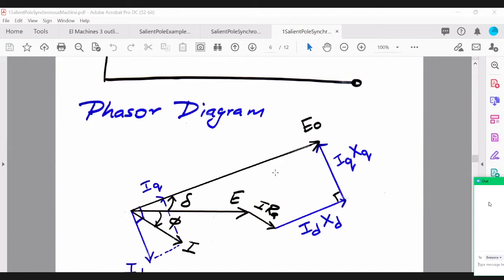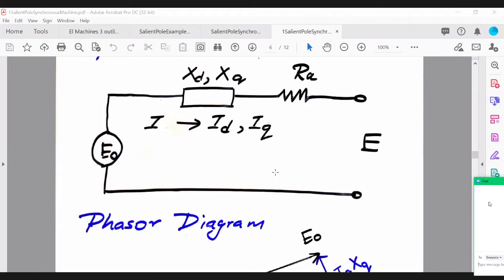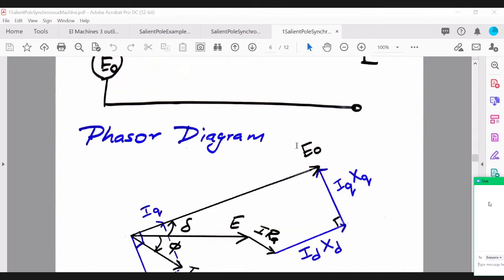In the equivalent circuit we still have our induced voltage and the terminal voltage E, but instead of just one reactance XS, the synchronous reactance for a cylindrical rotor, here we have two components, XD and XQ, and RA represents your armature, or stator, resistance.